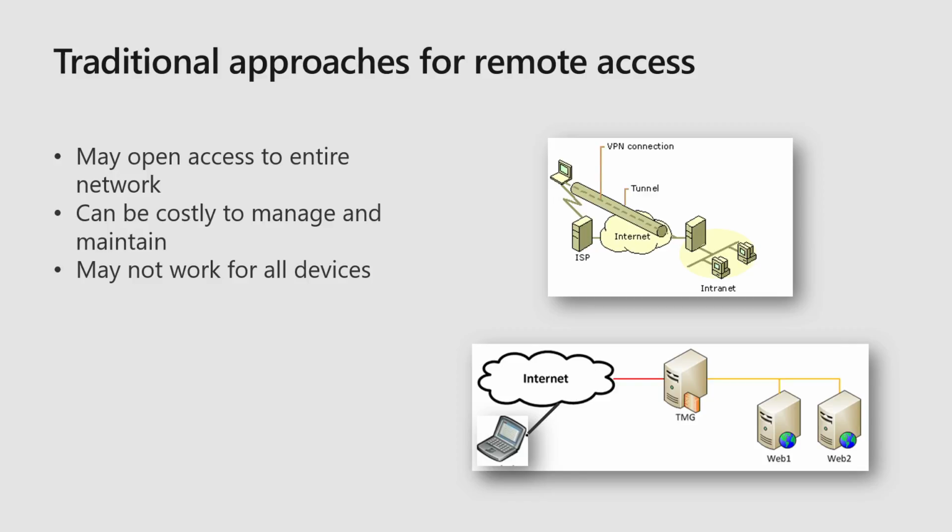For example, you're opening up your network, and at the same time it could potentially lead to security loopholes. It can also be pretty costly to maintain these solutions, especially if you want great performance and reliability. And lastly, for your users, it might not be the best experience, especially if they have to install some sort of extra software or it's not compatible with their mobile devices.